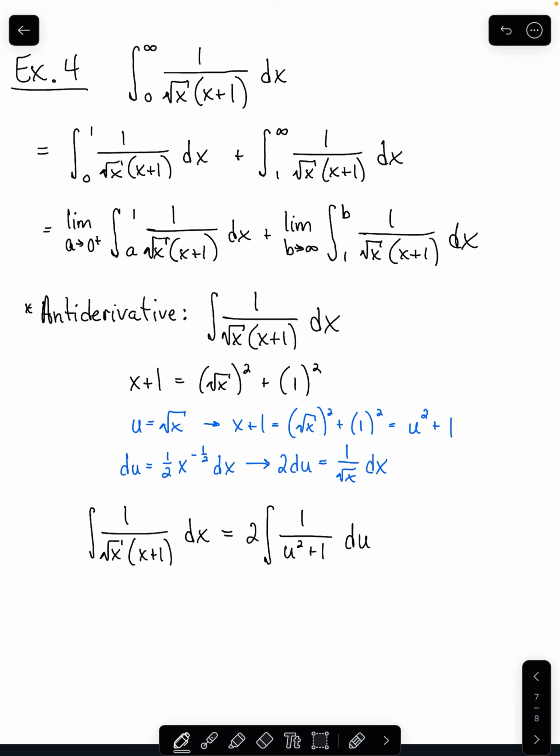And this neatly fits the form of the arctangent, where with one final step to return this to the original variable, we have as our antiderivative 2 times the arctangent of the square root of x.